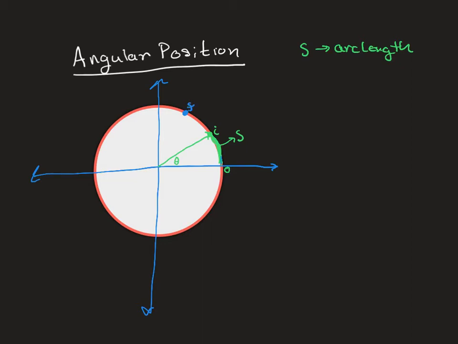So we're going to have some arc length along here, or some angular distance away, so that between our initial and our final, we would have some delta s, which would be the displacement that we discussed earlier.